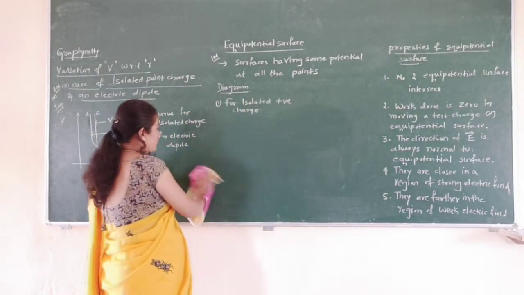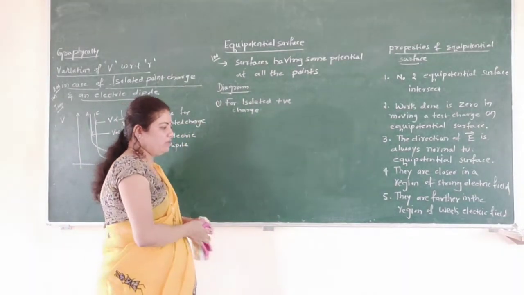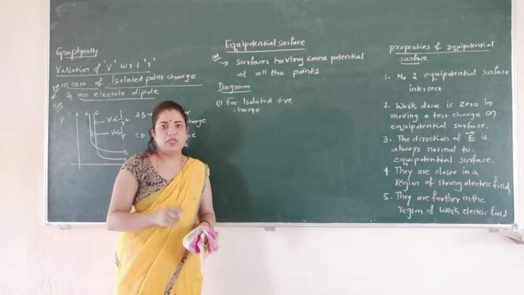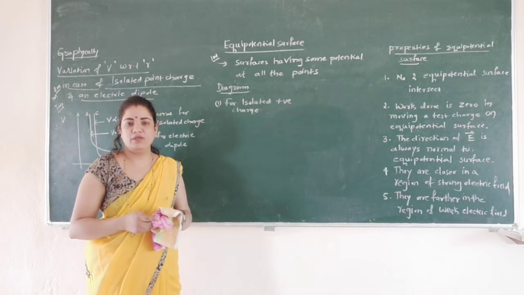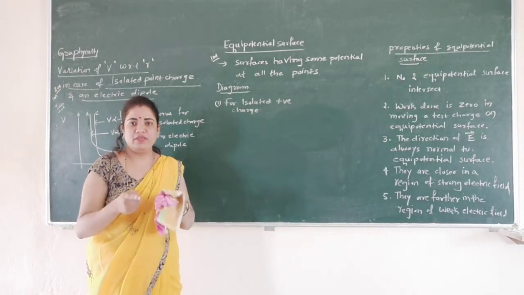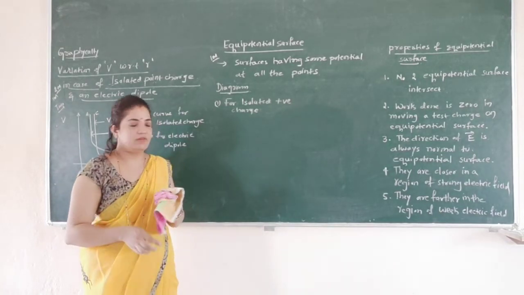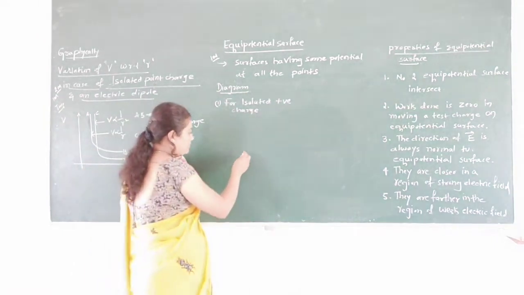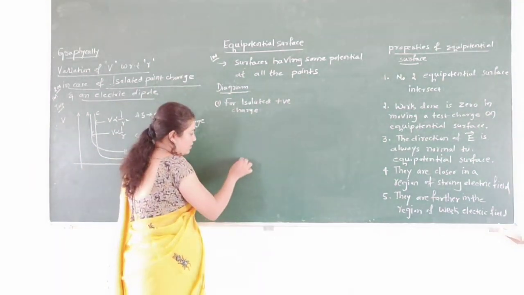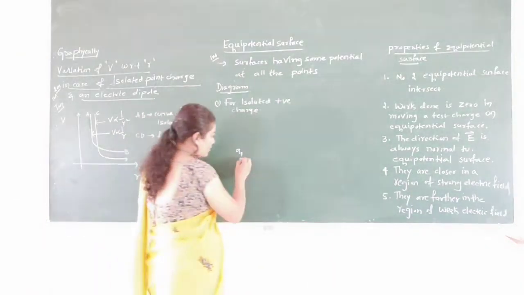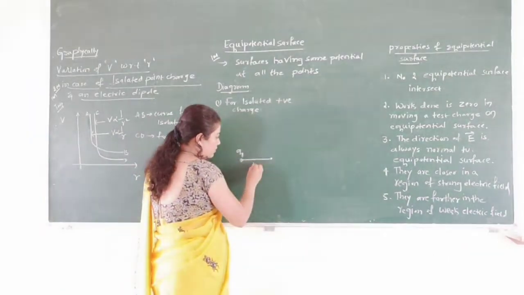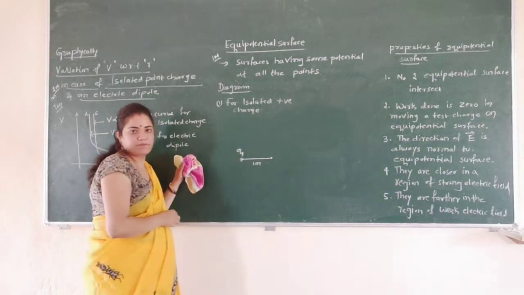Okay, what is an equipotential surface? Equi means same. Equipotential: equi, same, potential. What do we mean by same potential? A surface having the same potential. So here I take one source charge Q. This is 1 meter distance.